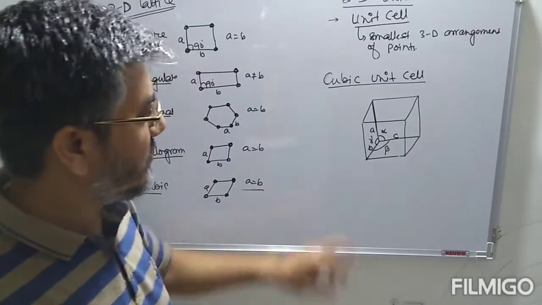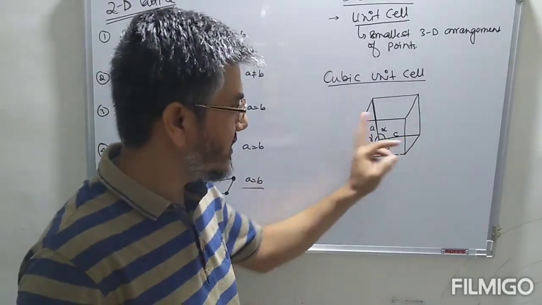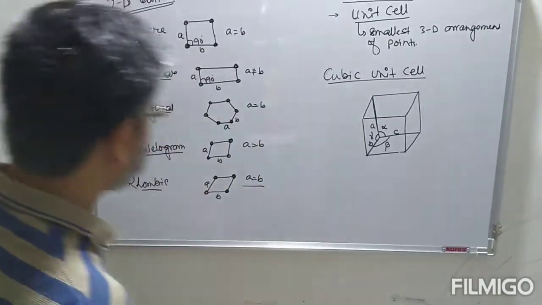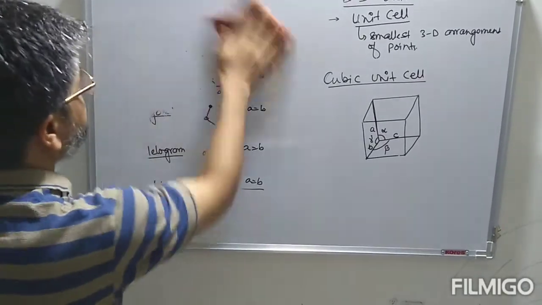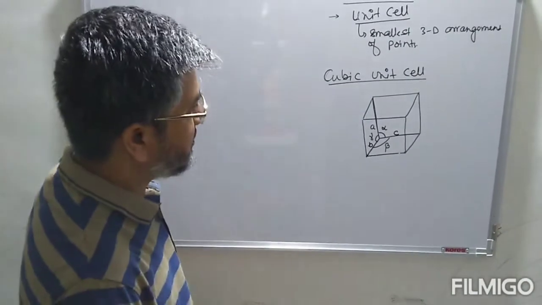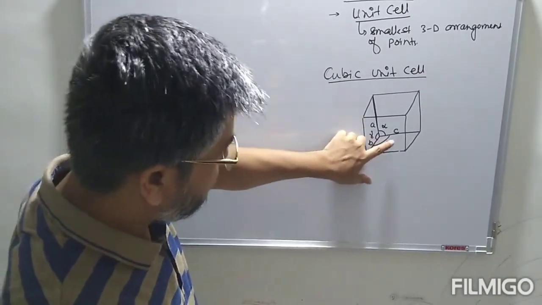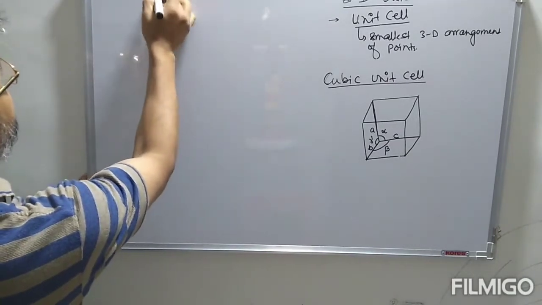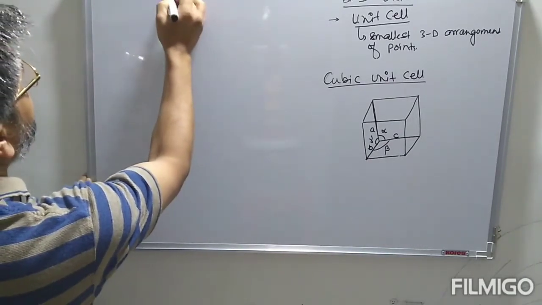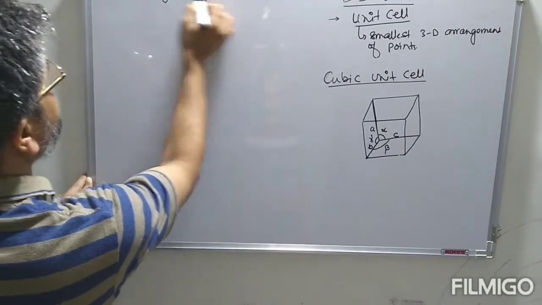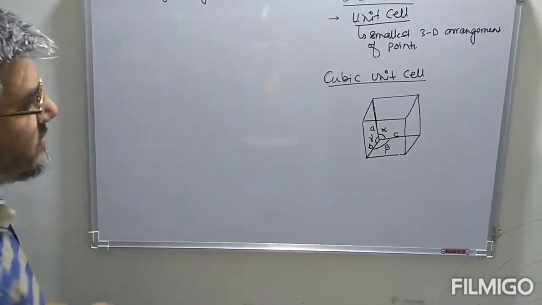Now this combination of different values of A, B, C and alpha, beta, gamma gives rise to 7 crystal systems. So we have to see the possible combinations of A, B, C, alpha, beta, gamma. I am giving the crystal systems and their possible values.